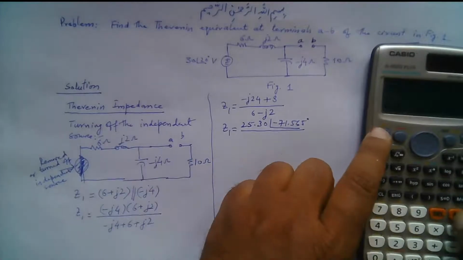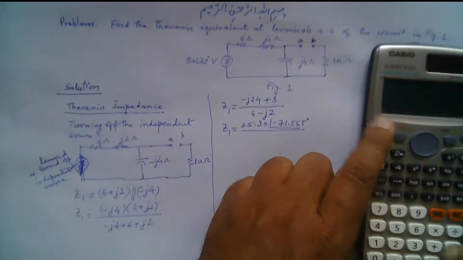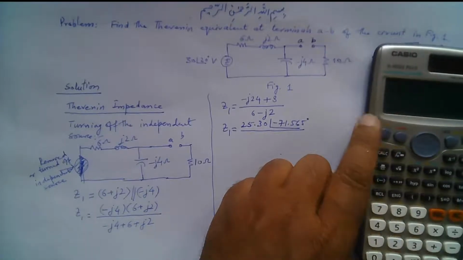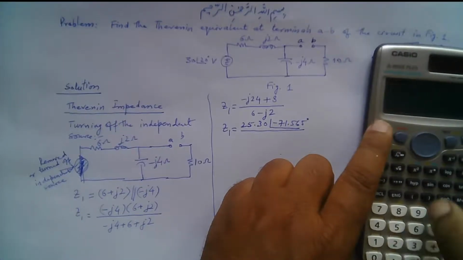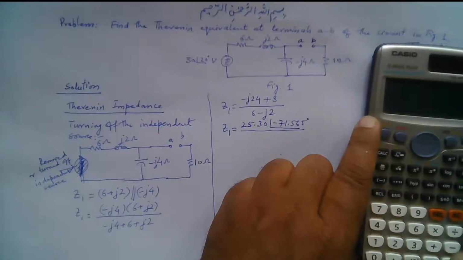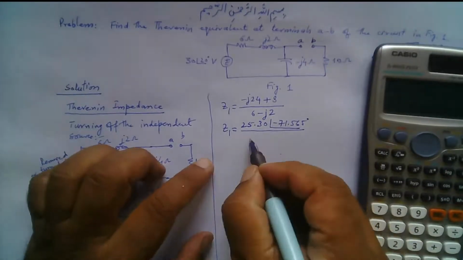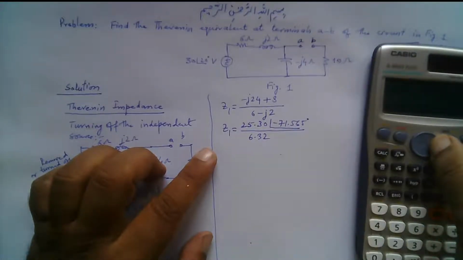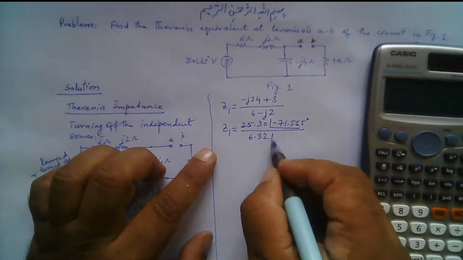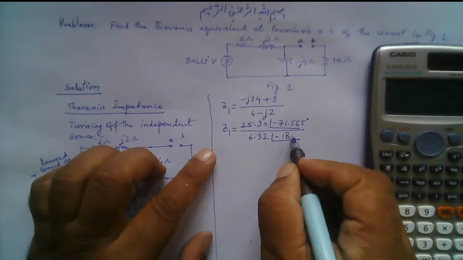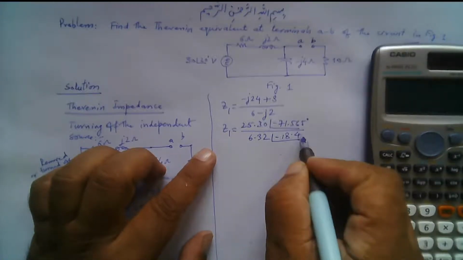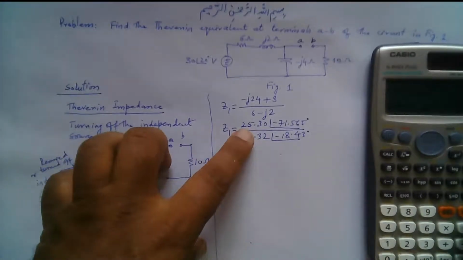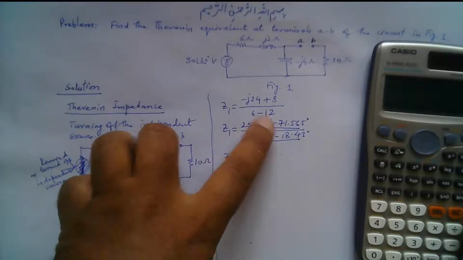So let's also convert this into polar form. So 6 minus 2, that is 6.32 at an angle of minus 18.43 degrees. So Z1 is given by, then, the magnitudes are divided and the angles are subtracted.